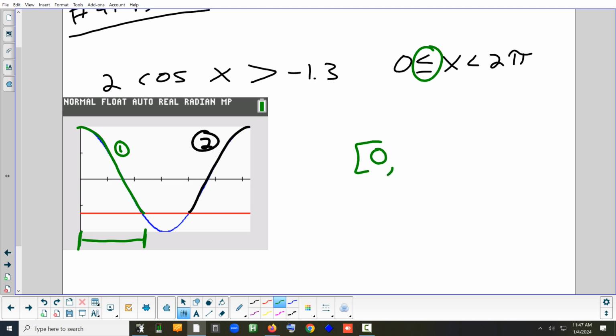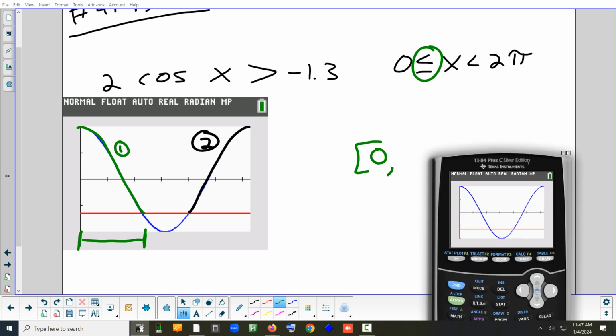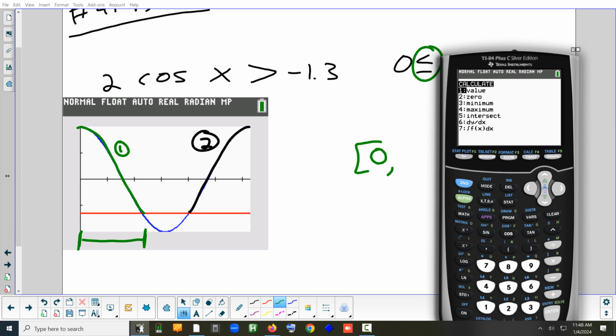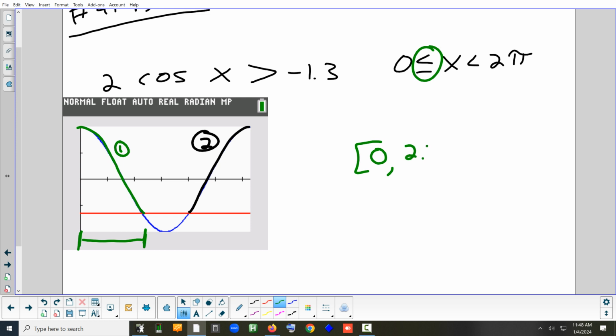And then how do I figure out where interval 1 stops? I need to find the intersect. So find that intersect. This time the guess does matter because there's more than one. Okay, so it stops at 2.28. That's where interval 1 stops.